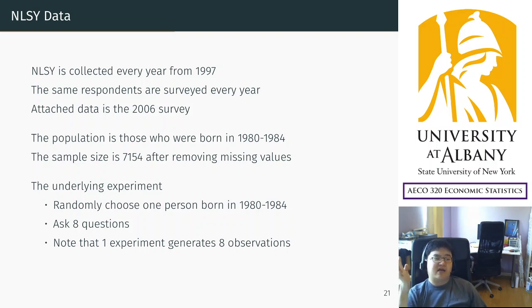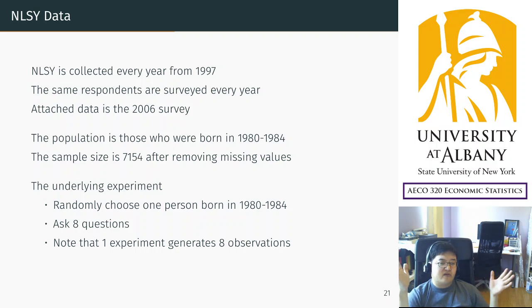When you read this data set, you have to think about the underlying experiment and the population. First, the population is those who were born between 1980 and 1984. The main purpose of this data set is to record those people's life cycle changes, lifetime changes.